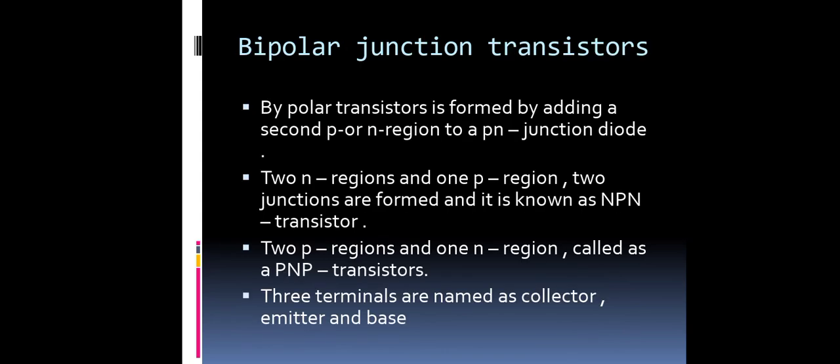Now, the next is the bipolar junction transistor, in short BJT. What is a power transistor? The power transistor is controlled in the turn on and turn off conditions. This transistor is used as a switching element.